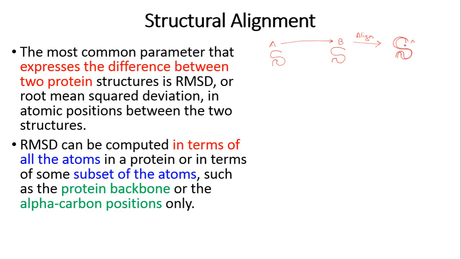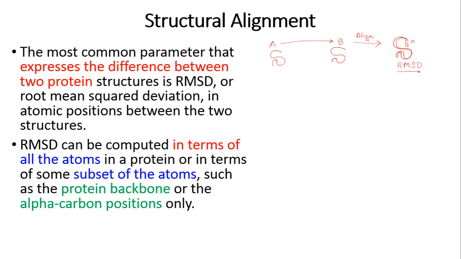Once you structurally align these two proteins A and B, you need to find a quantitative term that would quantify the similarity between the two proteins when they are aligned with each other. The quantity that is used to measure the similarity between the structures is called RMSD, or root mean square deviation.